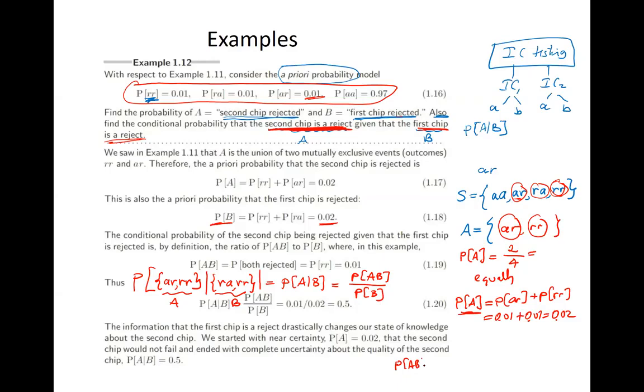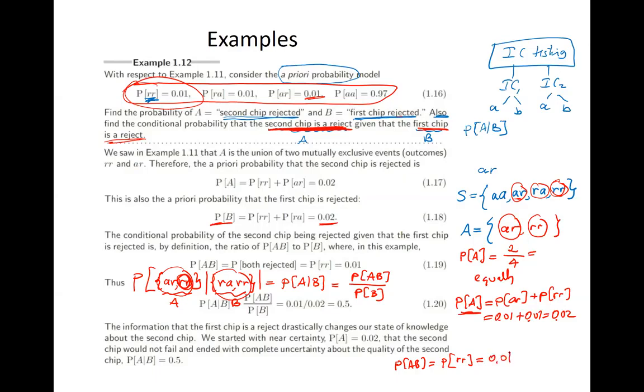If I look at the AB here together, what is it? Both rejected. Yeah, intersection of both, right? What is the intersection of this one and this one? Is RR, right? So that's probability of RR, which is from here.